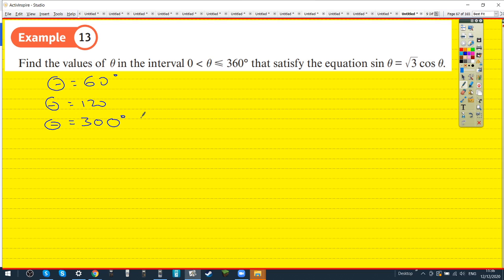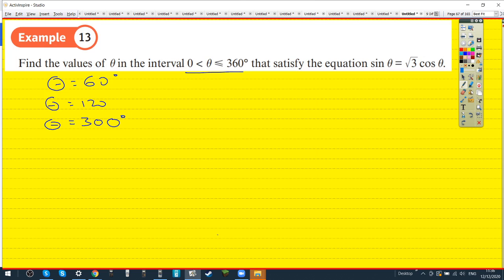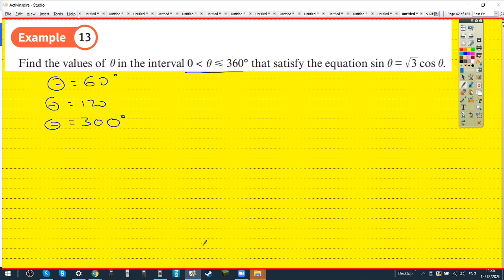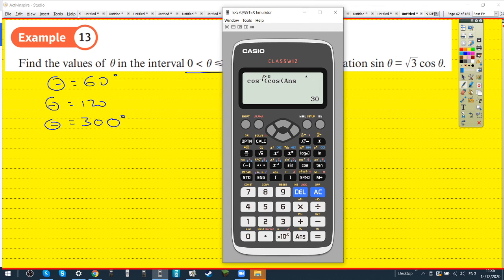Aren't there more solutions? I'm just thinking between 0 and 360. If we add 360 to any of these, it'll be outside the range. Same with subtract. So 60 or 240. Okay, so this method just didn't work. Let's just check. Sine of 60, I think 60 will work.